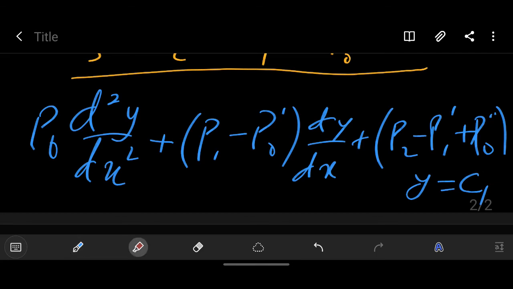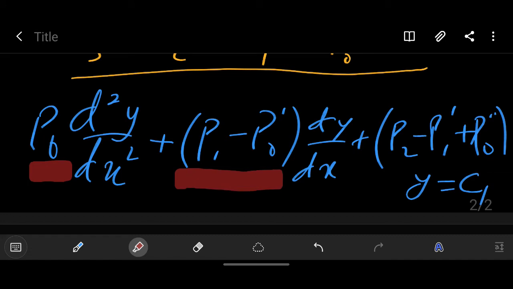The key point here is we put the first coefficient, which is P0, just the same, and then after that we subtract and add alternately for the coefficients of the derivatives in the equation, from its successor.